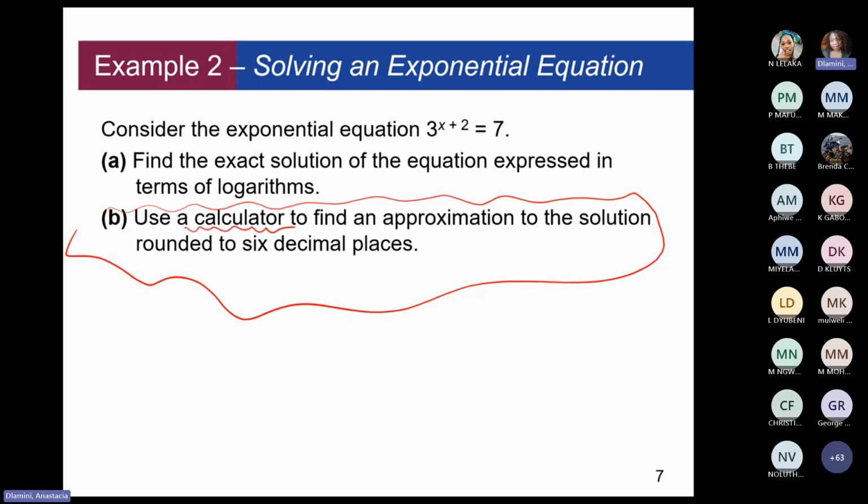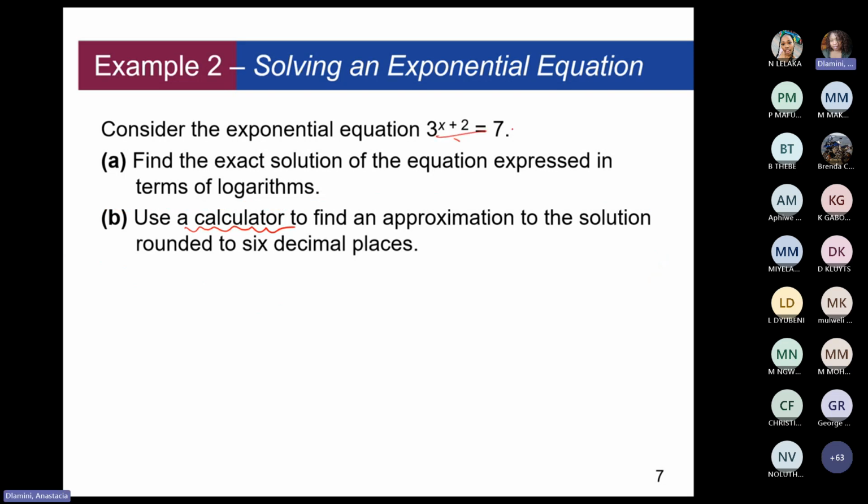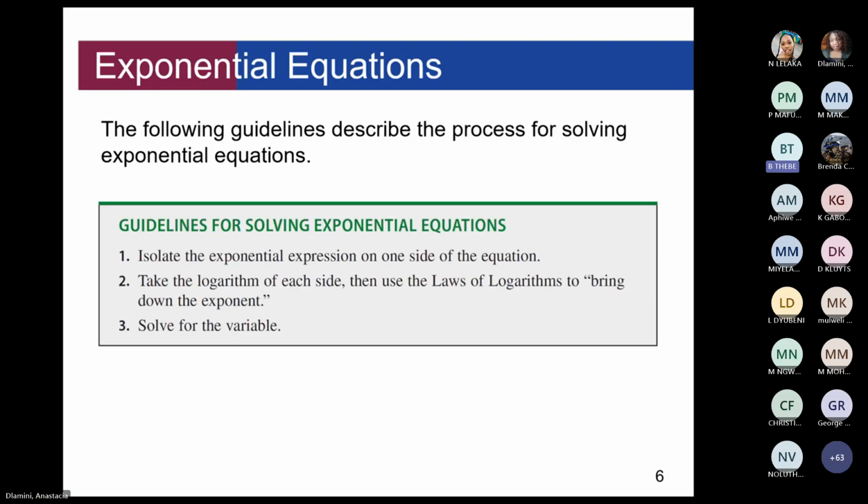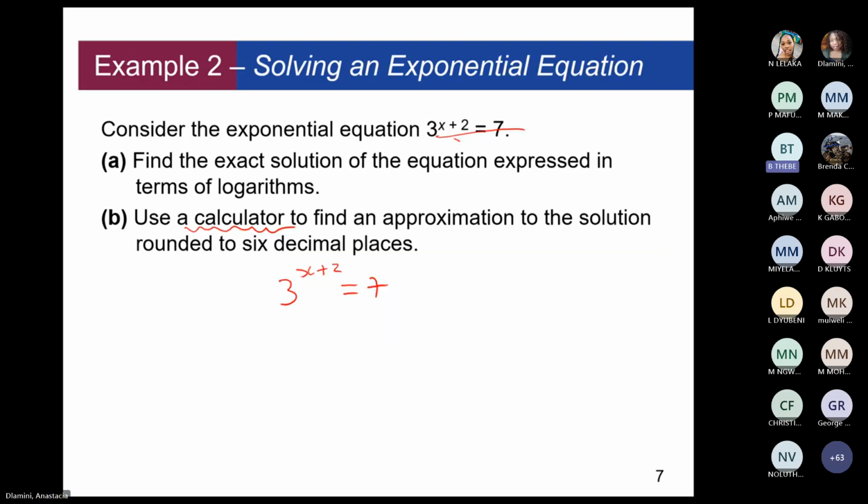So what was step number 1 for solving this? We have 3 to the power of x plus 2 equals 7. What was the first guideline, guys? Isolate the exponential expression. Thank you. So do we have to isolate it again, or is it already isolated?